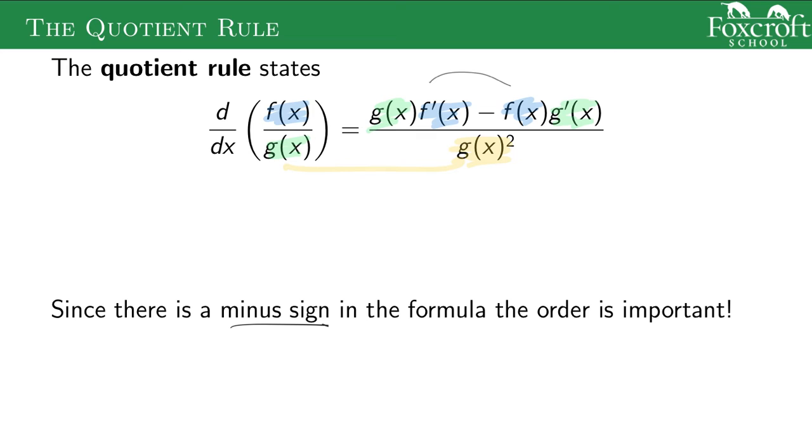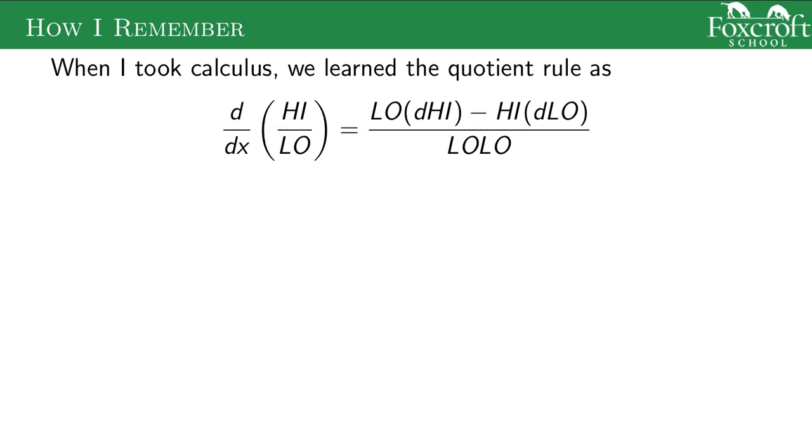The way that I learned in high school to remember this is that we have a low function, so low means bottom, and we have a high function, which is the top. So when we take the derivative of a high over low function, we keep the low function, so low. We take the derivative, so the d means the derivative of the high function.